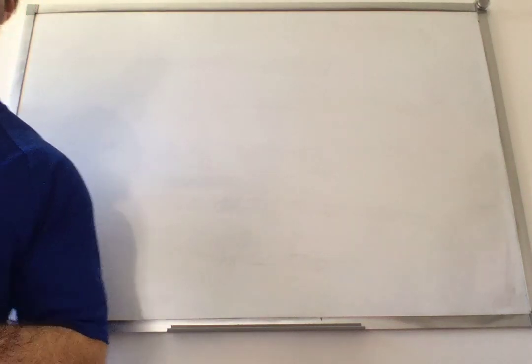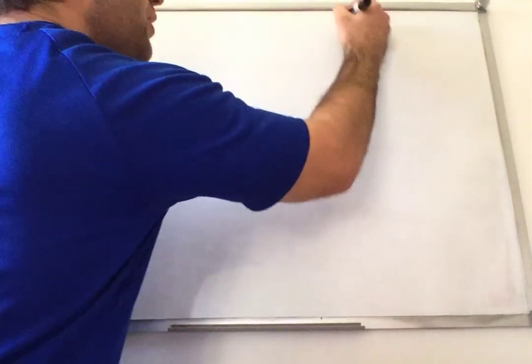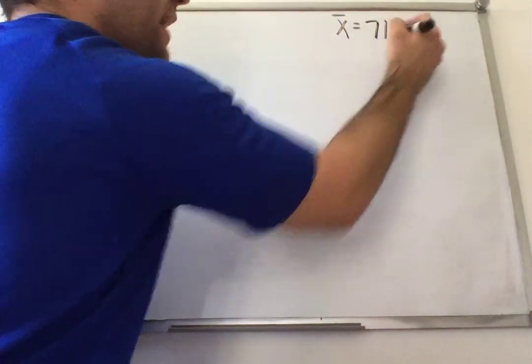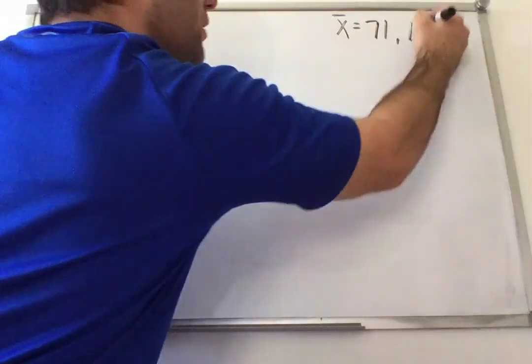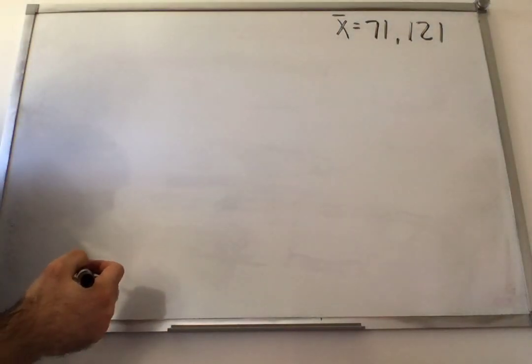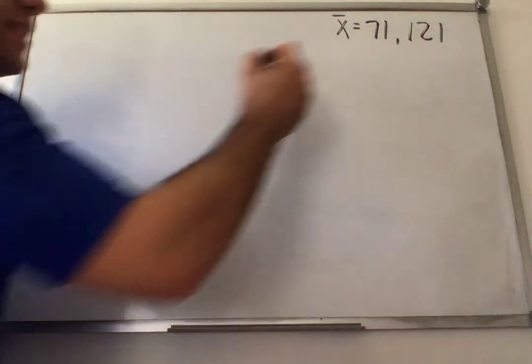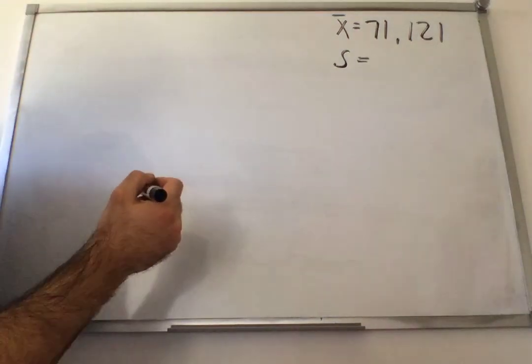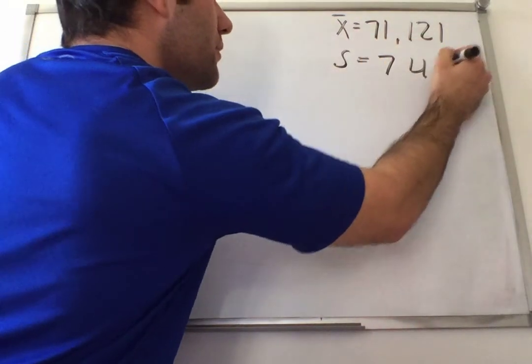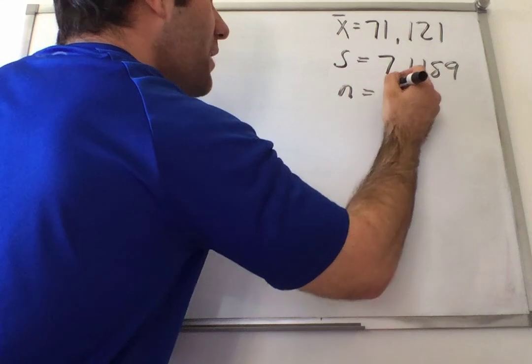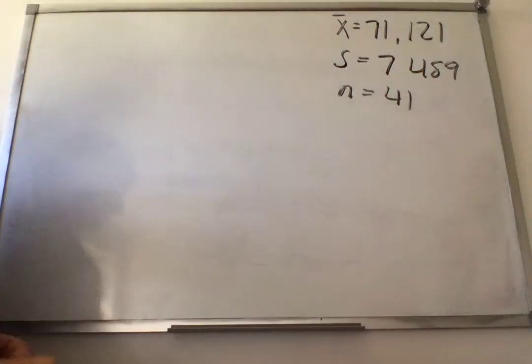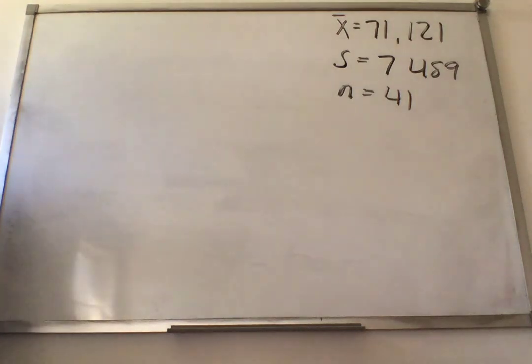The sample average was $71,121. With the sample standard deviation, so right off the bat, they told you sample standard deviation is equal to 7,489. And then they told us our N. N was 41 nurses. Conduct an appropriate test to test the claim that the mean salary for nurses in California is higher than the national average.